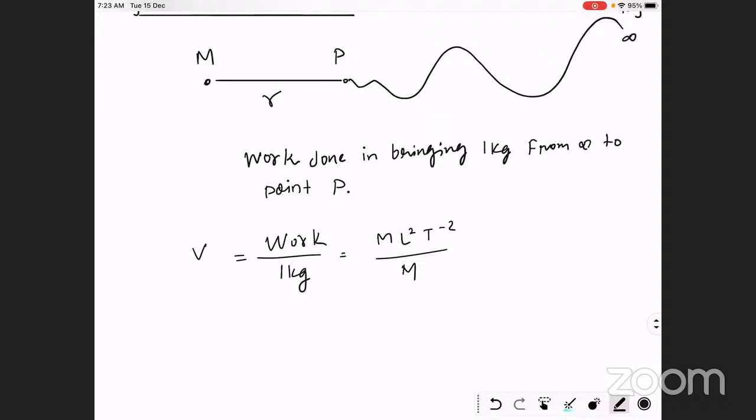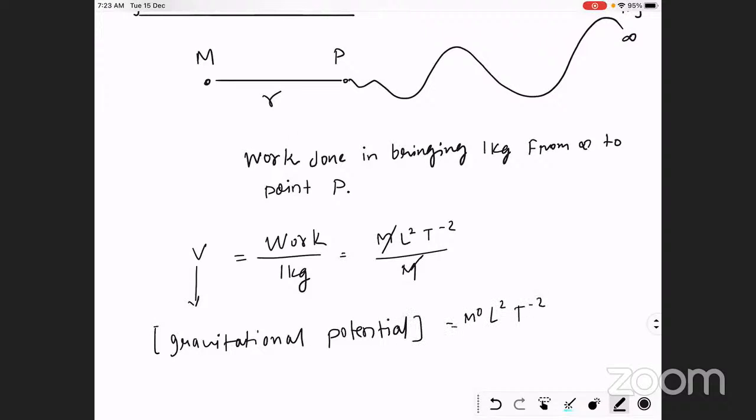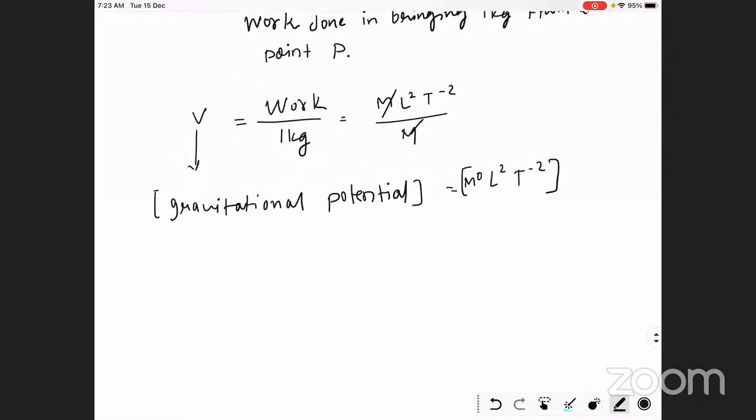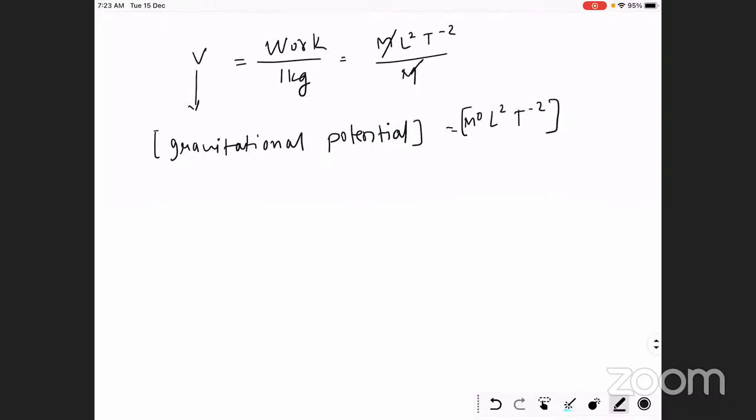Tell me if I am wrong. So this V is actually gravitational potential, and its dimensional formula is this, M0 L2 T minus 2. Understood, everyone? Yes, sir. Okay.